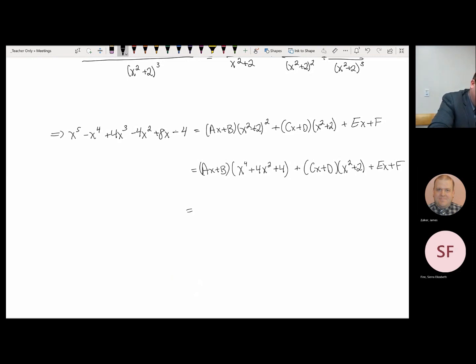Oh boy. Okay. Ax to the 5th plus bx to the 4th plus 4ax cubed plus 4bx squared plus 4ax plus 4b. That's just the first term. Rather than foiling, just search for every term that'll give you x to the fifth.